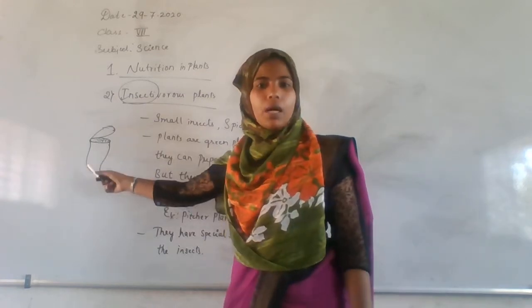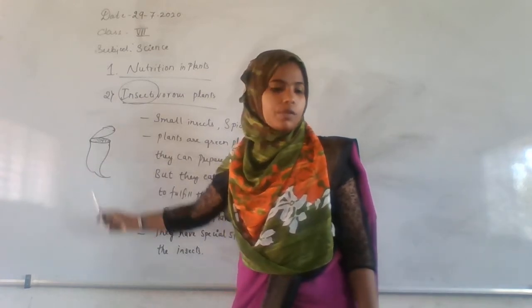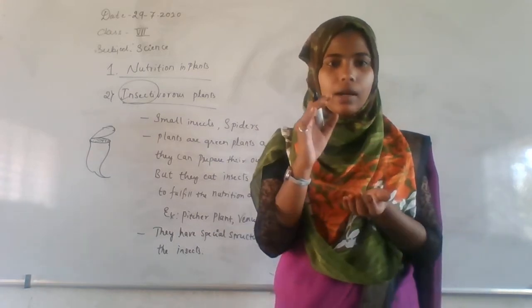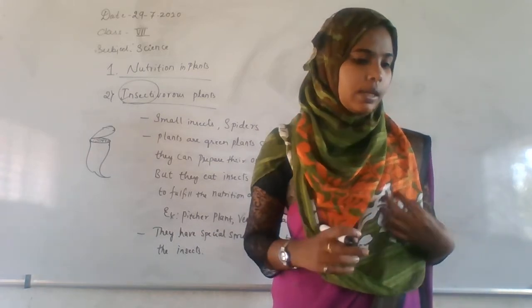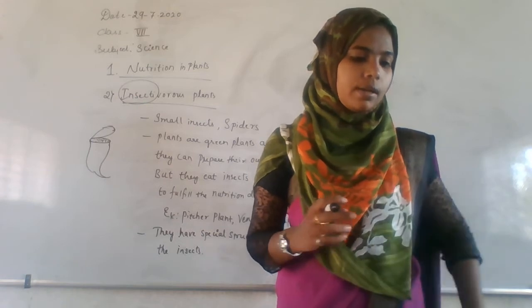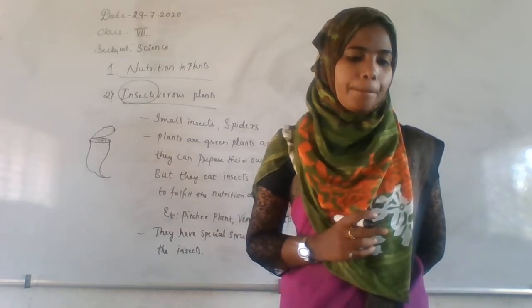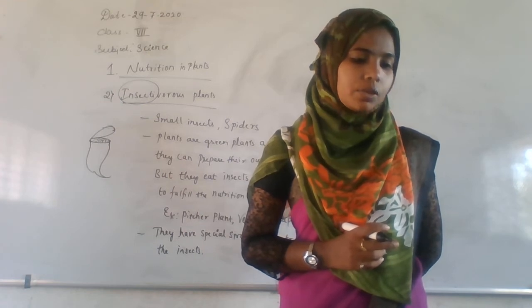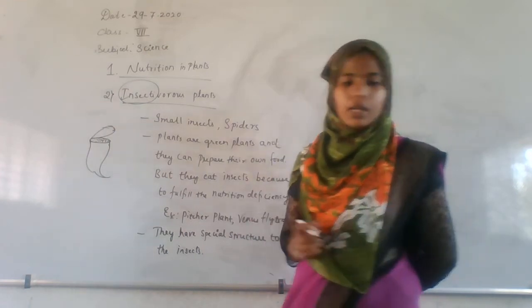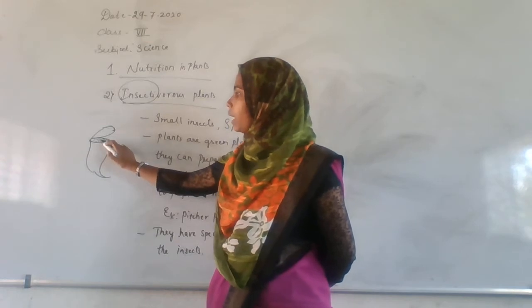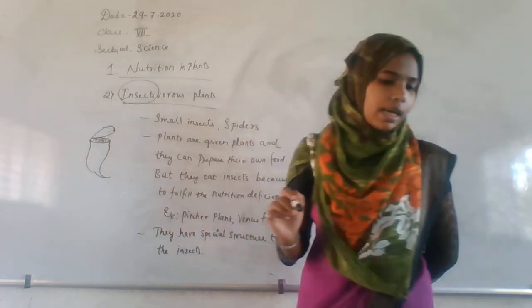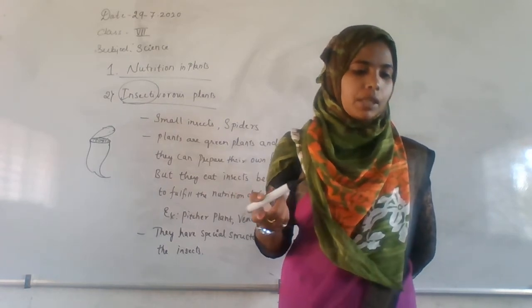Okay, and here in the pitcher plant, the leaves are nothing but the leaves of the pitcher plant modified into a pitcher-like, vase-like structure, which is lined with downward pointing hair, and they do not allow the trapped insect to escape. Once it sits here, it is not allowed to go, because inside there are hair-like structures.